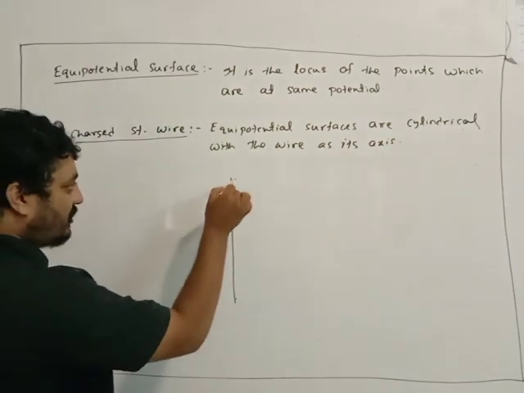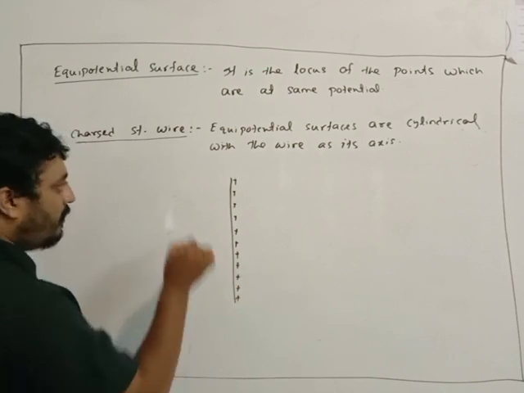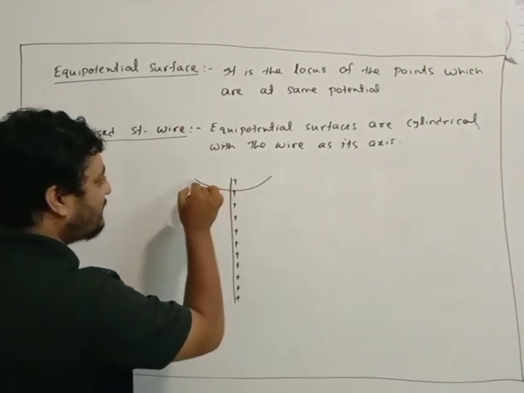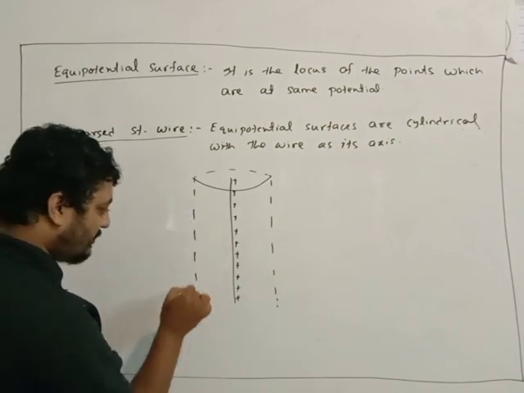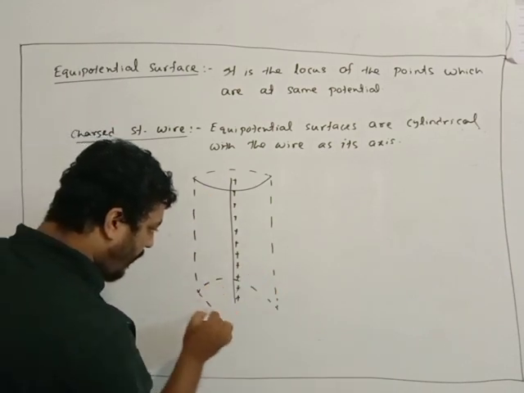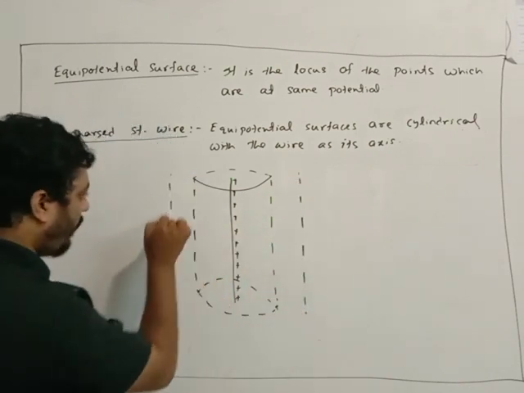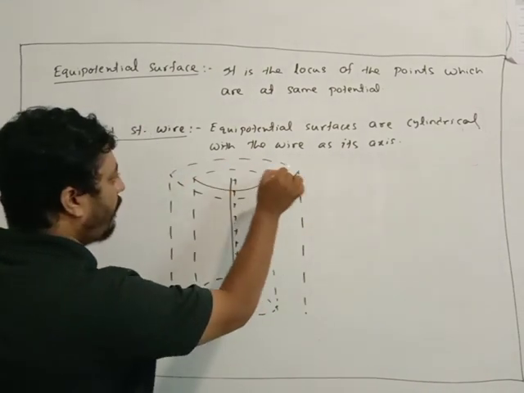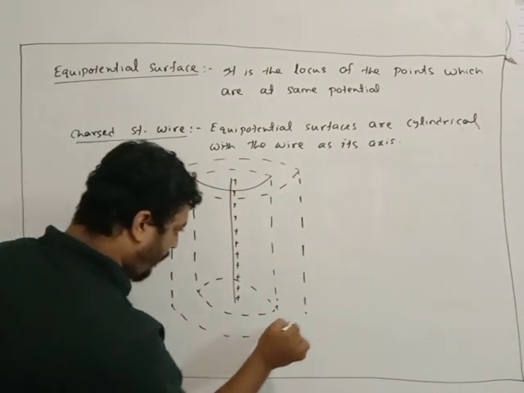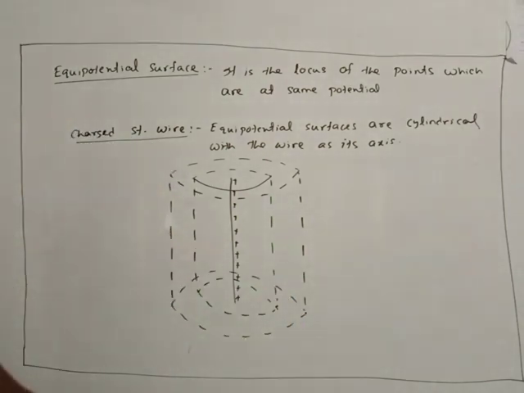So this is a charged wire. The equipotential surfaces are the cylinders. These are the equipotential surfaces.